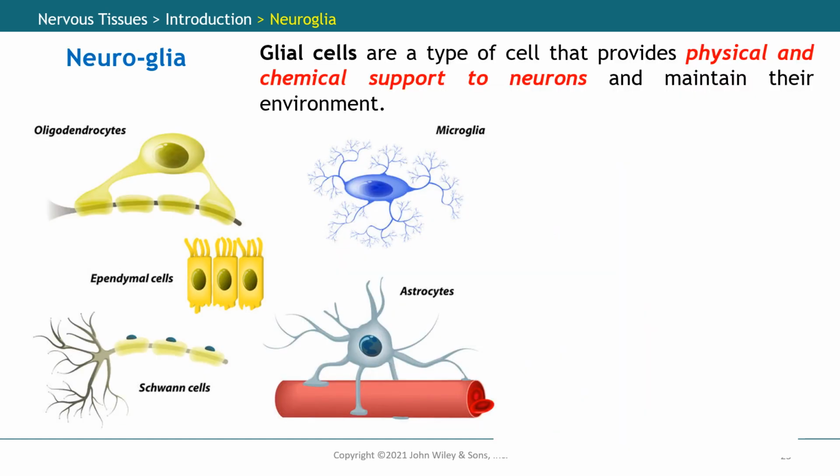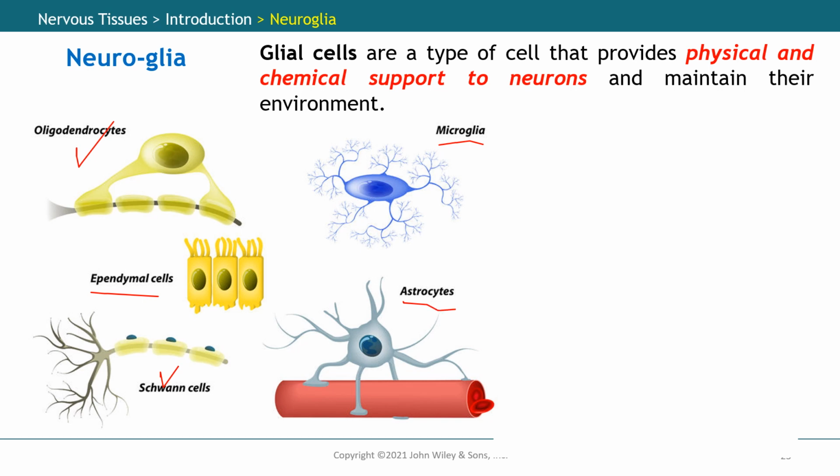So here there are more pictures of these glia cells, and I already talked about these two. Now let's talk about the microglia. This is a very important type of cell because it's involved in fighting infections and removing debris. In other words, it's in charge of the immune response. The other ones here are the ependymal cells and the astrocytes.